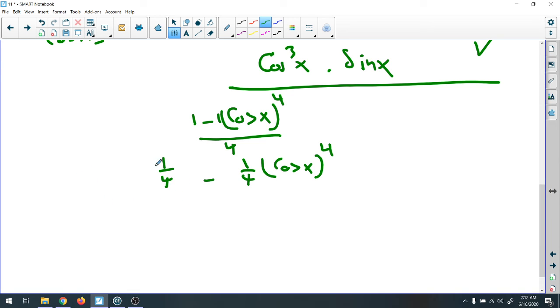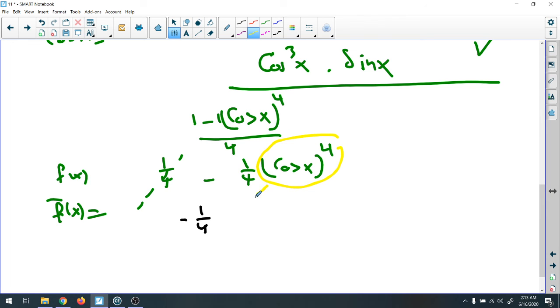When you find the derivative of that, the constant 1/4 is cancelled. And when we do the derivative, we keep negative 1/4, and then we go to the function and find the derivative of the whole function.